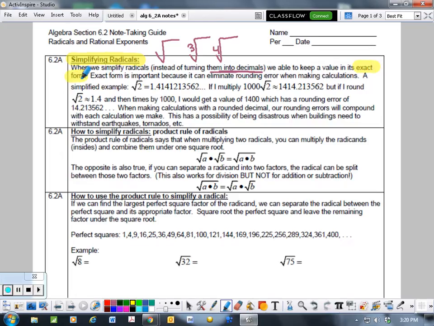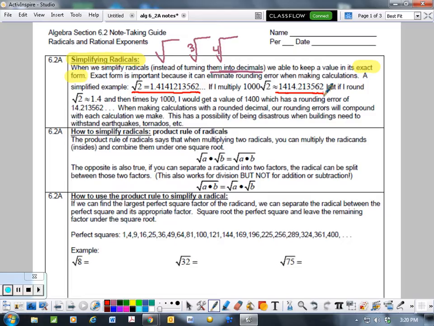So for a very simplified example, the number square root of 2 is really 1.414213562. Now, if I multiply 1,000 times the square root of 2, I'm going to get 1,414.213562.